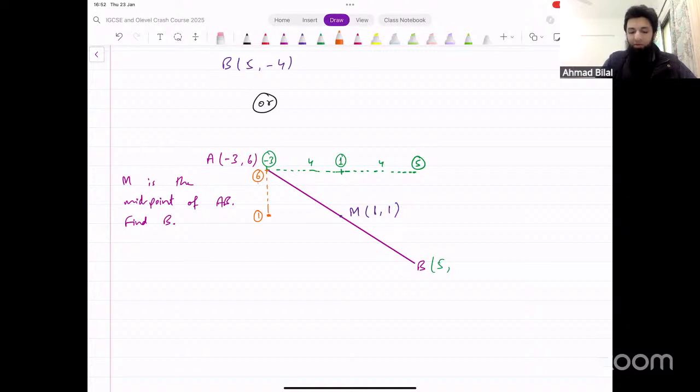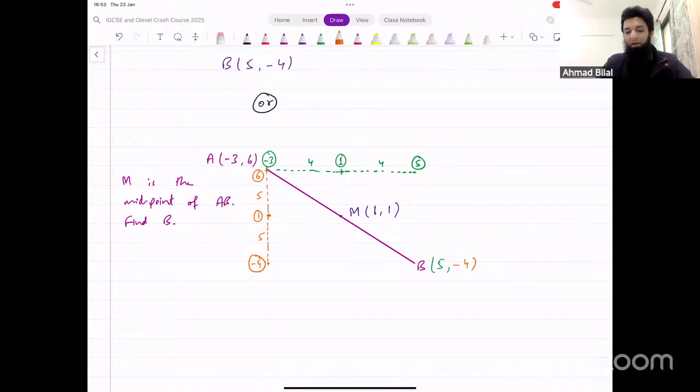How many units do you have to go in order to go from 6 to 1? You have to subtract 5, right? You have to go 5 units down. You can reach the point B by going 5 units down further. So 1 minus 5, what would that be? That will be minus 4. So the y coordinate of B therefore should be minus 4.